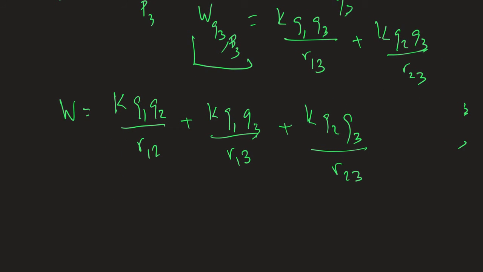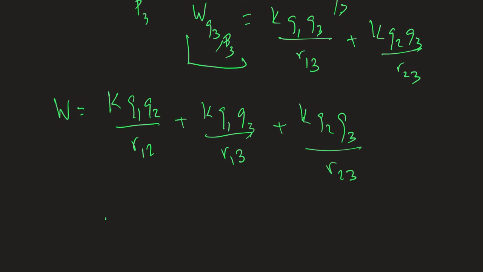What happens if you bring a charge number 4 here? So you have Q1, you have Q2, you have Q3, so R12, R13, and you bring another charge here.